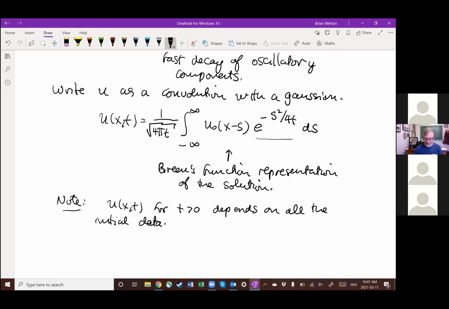Because this Gaussian is positive, right? For every x, for t bigger than 0, this is non-zero for every contribution from the data. Right, so there's this global dependence coming in. Remember, that's quite different from the wave equation, right? Where you have this finite domain of dependence.